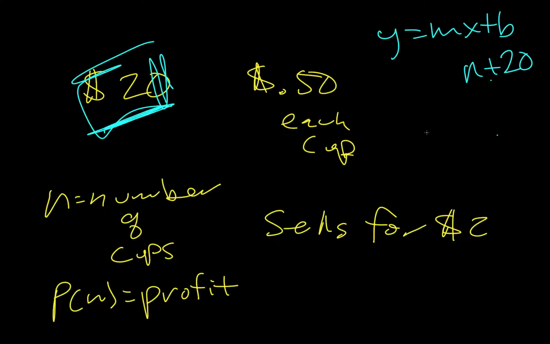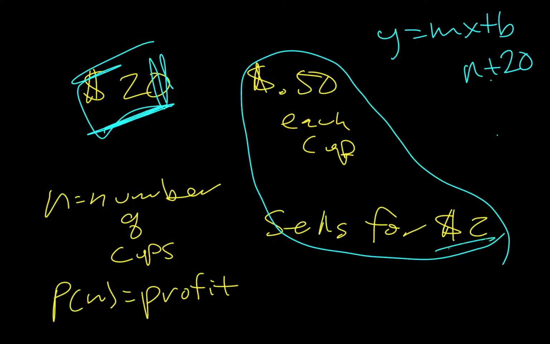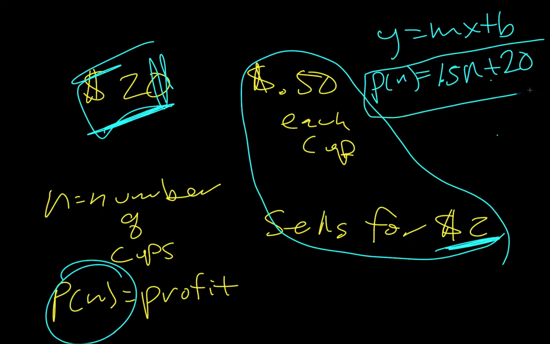And then our slope is going to be dependent on how much money we make per cup. So since we spend 50 cents and sell for 2, we're actually going to get a slope of 1.5. And then our profit is P of n. So we make a profit of $1.50 on each cup.